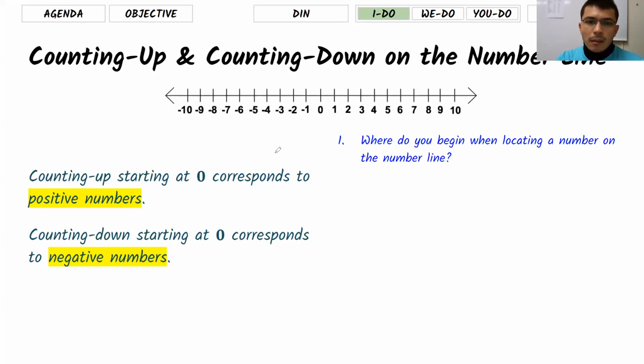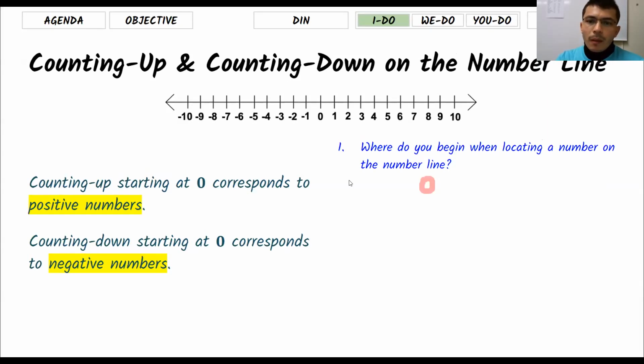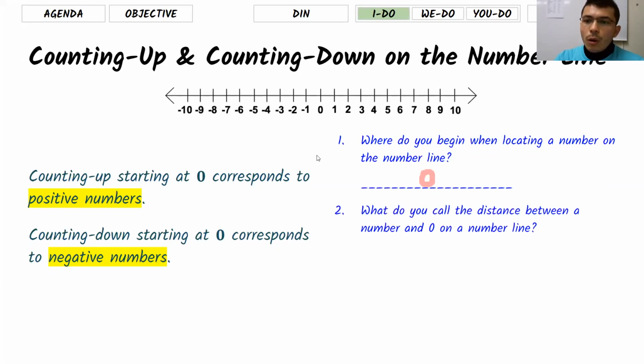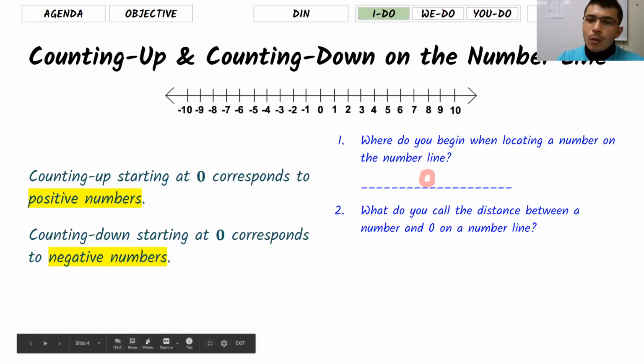And next thing, what do you call the distance between a number and 0? This is from yesterday's lesson. Does anybody remember? What do you call the distance between any number and 0?